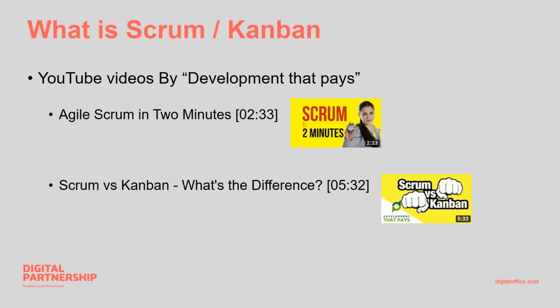I'm not going to cover those today, but I'd strongly recommend you go to YouTube and look at these two videos. They're by somebody called Gary Strawn, and while he calls himself Development That Pays, I think the topics covered apply as much in non-development projects as they do in very IT-related ones.